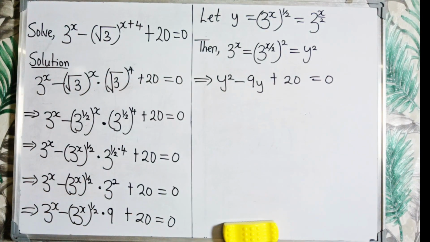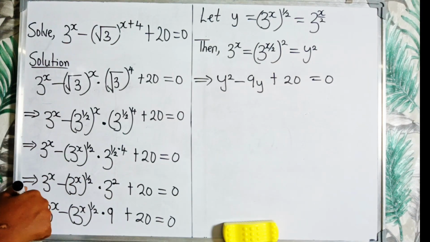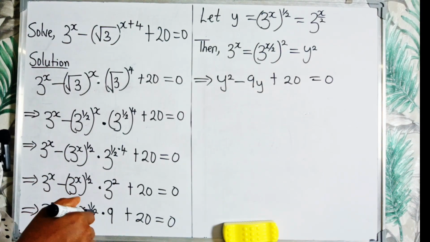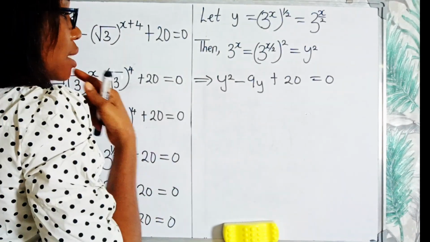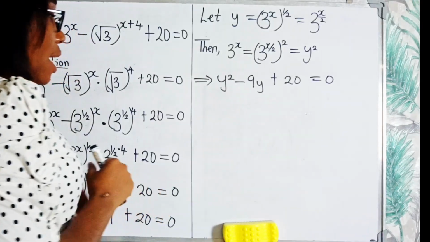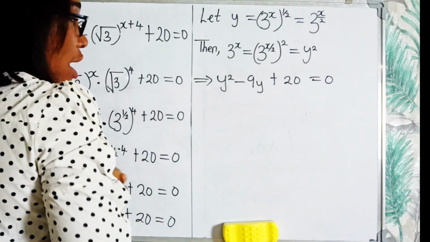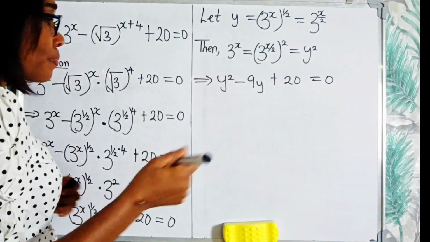Now, this is a perfect quadratic equation, and we can go with the factorization method because we can actually factorize. We need two factors such that if we multiply, we get plus 20, and if we add, we get minus 9, which is the coefficient of y.